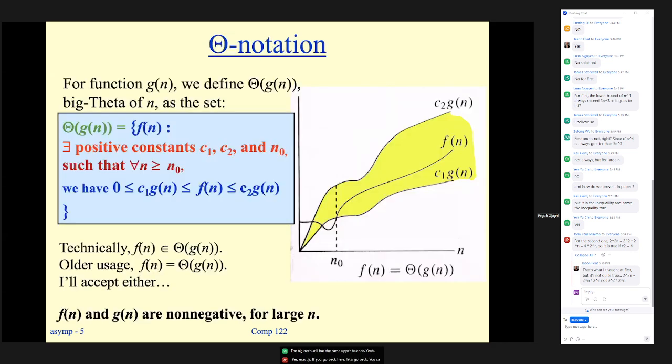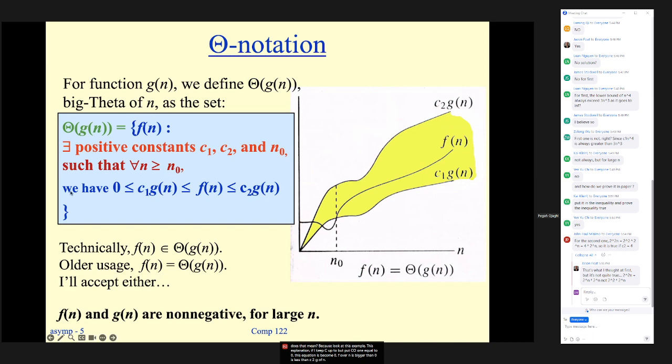As you can see here, when you have theta of g of n, f of n has a lower bound and g of n is going to be an upper bound for f of n, for sure. There is an upper bound c2 g of n. Look at this explanation. If I keep c2 but put c1 equal to 0, this becomes f of n is bigger than 0 and less than c2 g of n.